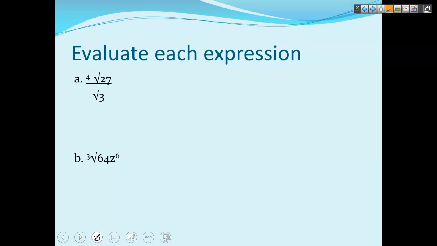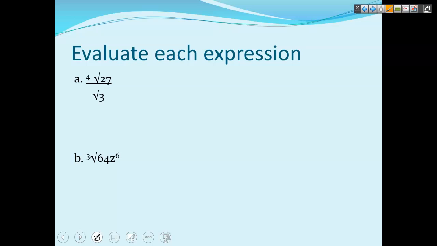So we have the 4th root of 27 over the square root of 3. So this is where if it doesn't match, we usually cannot simplify. So yesterday, if there was a 4th root and a square root, the rule was that they were not like terms.